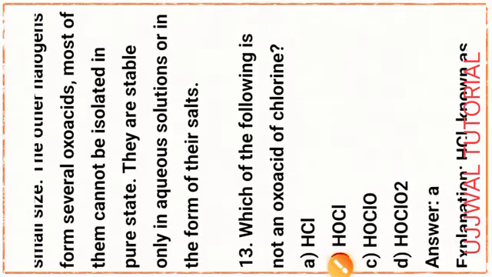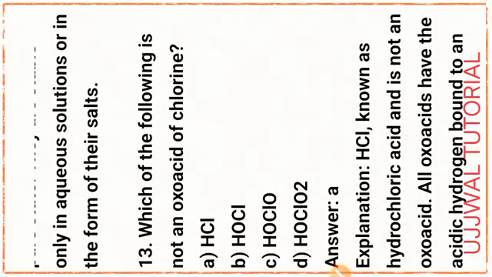Okay, next question, question number 13. Which of the following is not an oxo acid of chlorine? Explain for this part. Answer A, HCl, that is absence of oxygen.